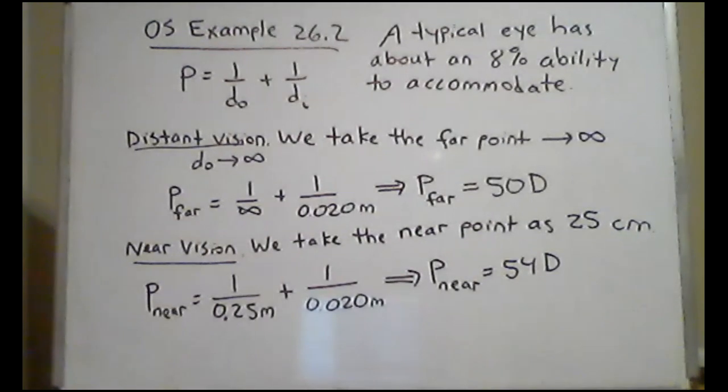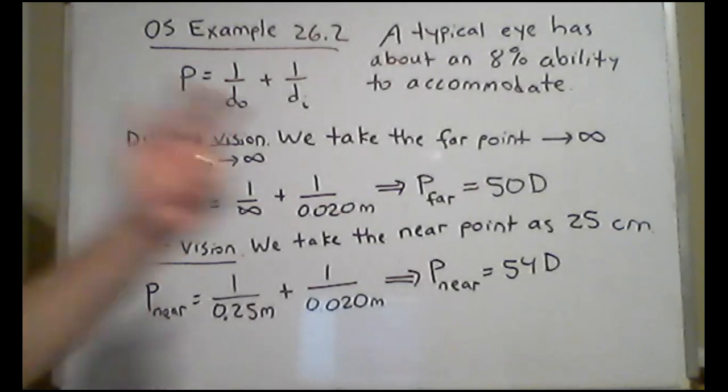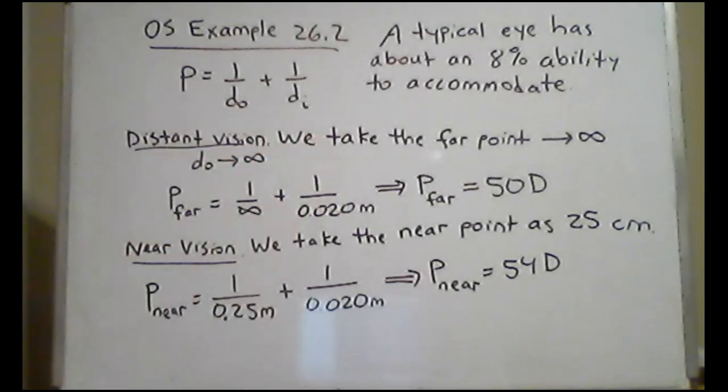You have to have a focal length adjusted so that you can bend light from a near object. Whereas with a distant object, the rays of light are coming in more parallel, so you can bend light in such a way that you only need a power of 50 diopters. Again, that's the typical human eye.